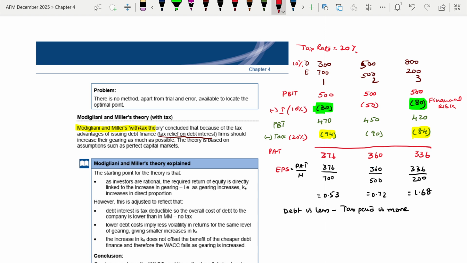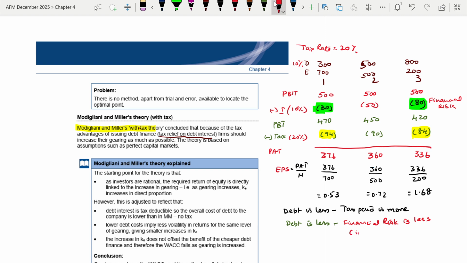If debt is less, interest will be less. I will not put interest, I will say that financial risk is less.